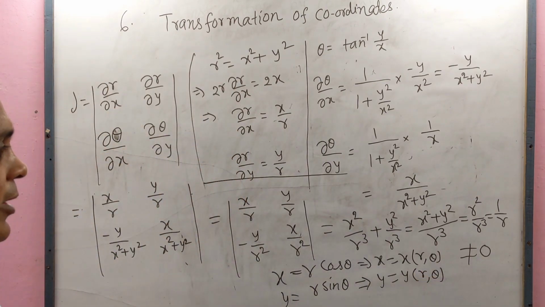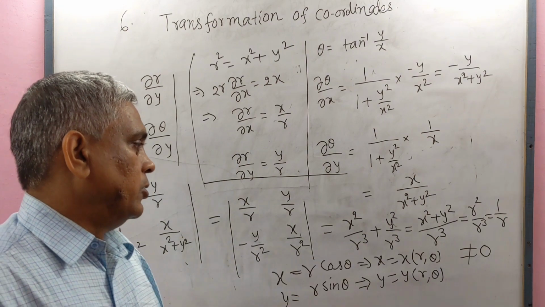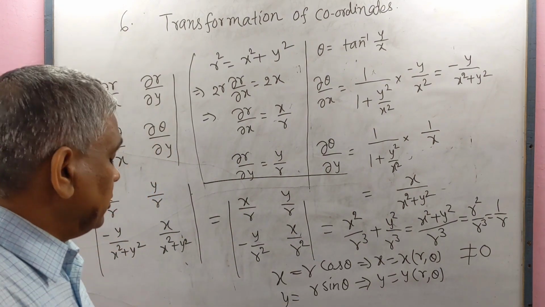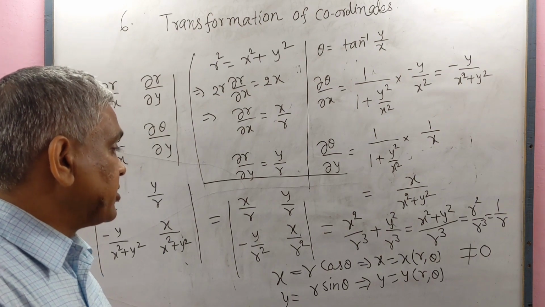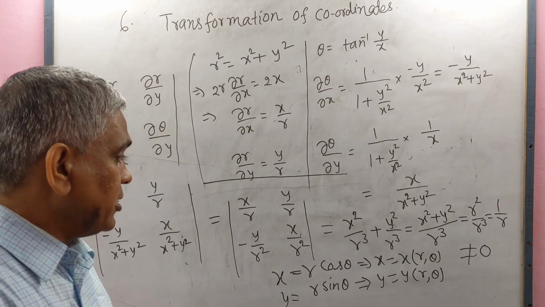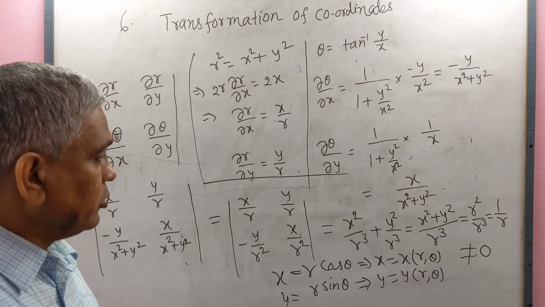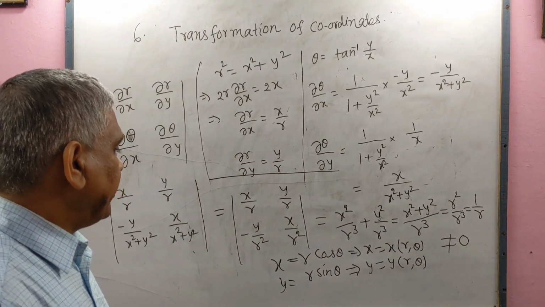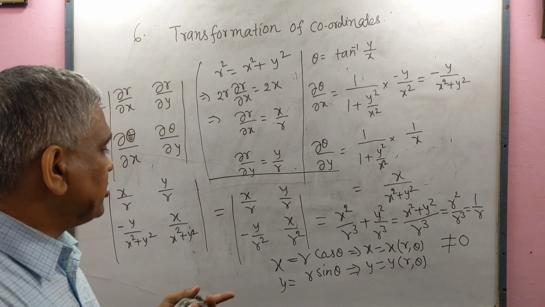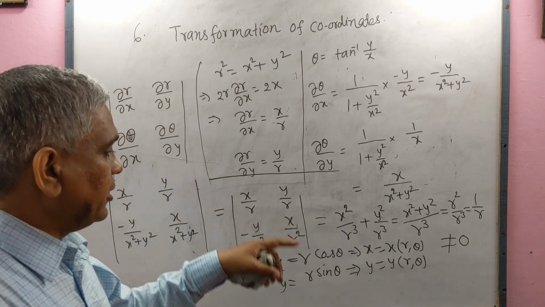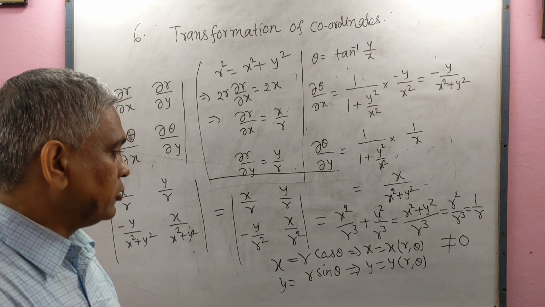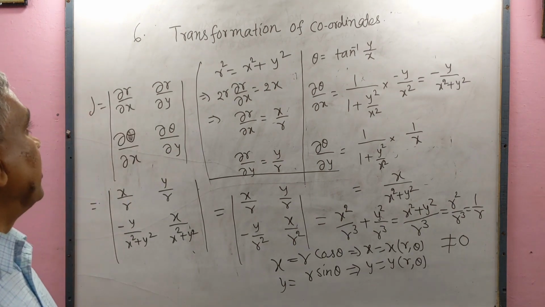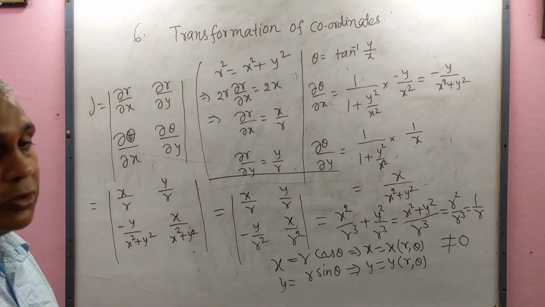So we have verified that if the Jacobian is not equal to 0 and the coordinates are continuous, single valued and also real valued, then we may find one relation between one system of coordinates and another system of coordinates, and also conversely we may write this. This is the idea of transformation of coordinates.